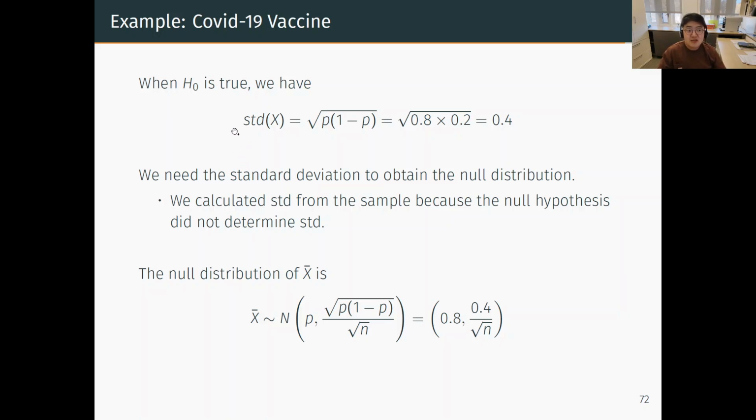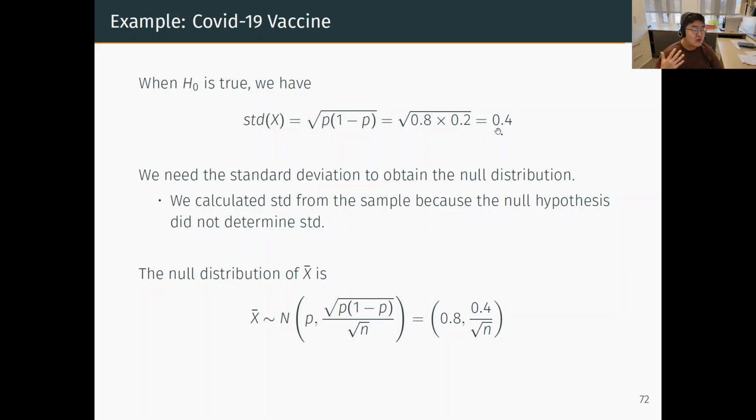Therefore, the standard deviation is also implied by the hypothesis, right? If the hypothesis is true, the mean is 0.8, but also the standard deviation should be calculated like this. So your standard deviation is already given by the null hypothesis, 0.4. So we have to use this standard deviation wherever you need the standard deviation.